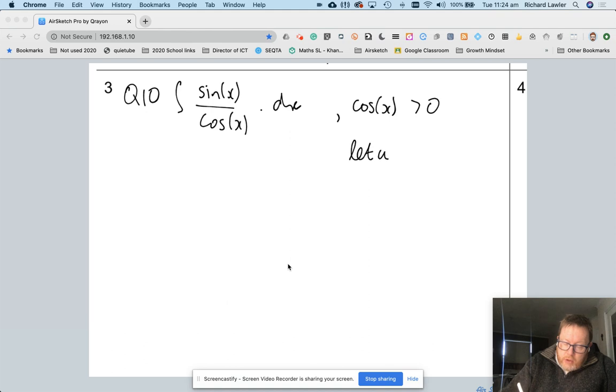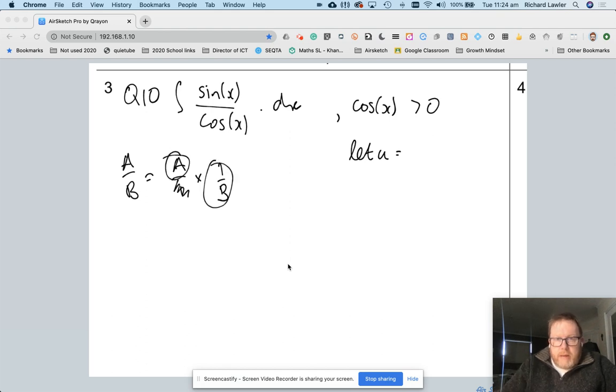we do the usual. Let u equal, so again, just trying to keep track of what the function is here. This is sine of x multiplied by 1 on cos x. Okay, we can split this. We can always split a fraction up. So a over b can always be split up to a over 1 times 1 over b. So effectively, we've got something multiplied by 1 over something.